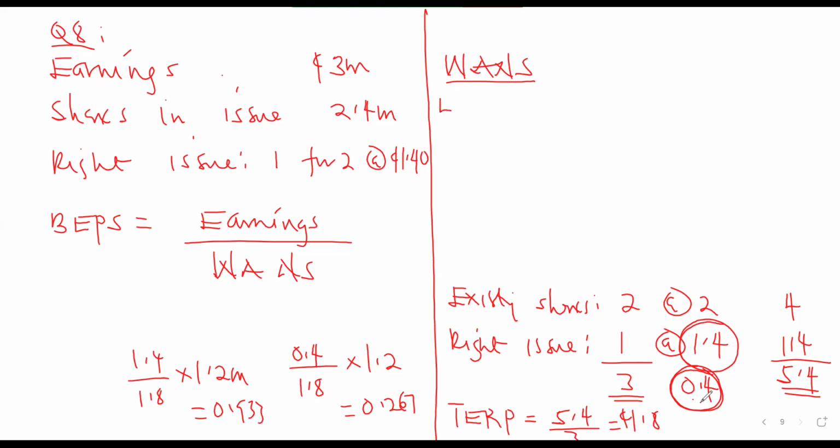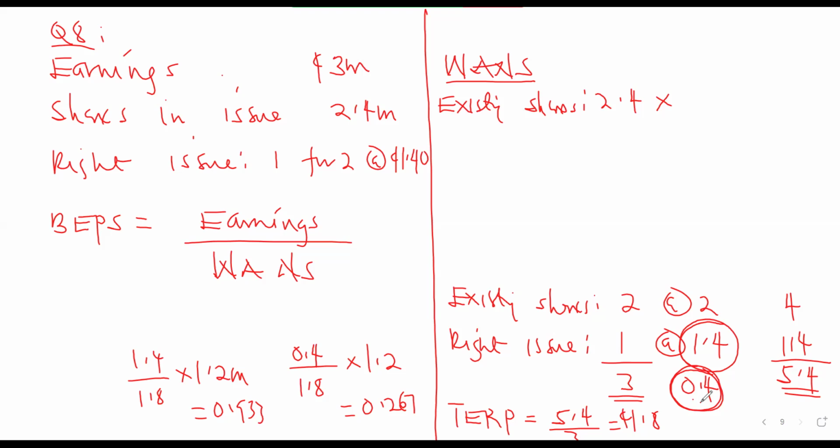So let's count to our weighted average number of shares. Our existing shares, which is 2.4, will do a full year. So you do 2.4 multiplied by the bonus issue fraction.